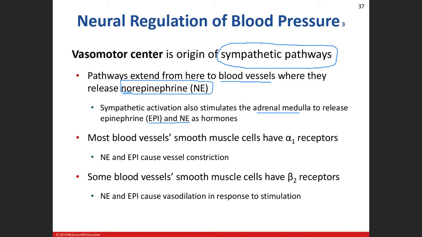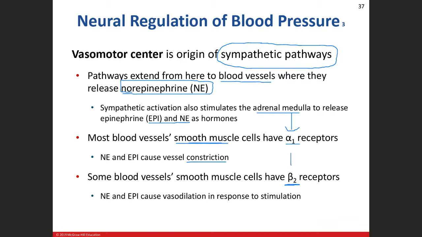Okay. So when we're dealing with blood vessels, we have smooth muscle. We have smooth muscle cells in the middle layer, the tunica media, right? And so we have what we call alpha-1 receptors and beta-2 receptors. Okay. So when we stimulate the alpha-1 receptors, that causes vasoconstriction.